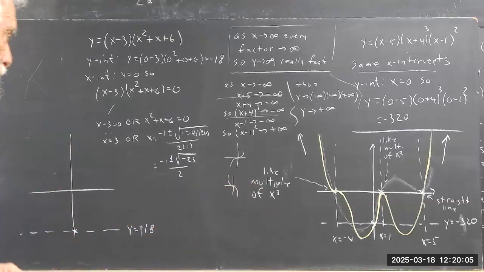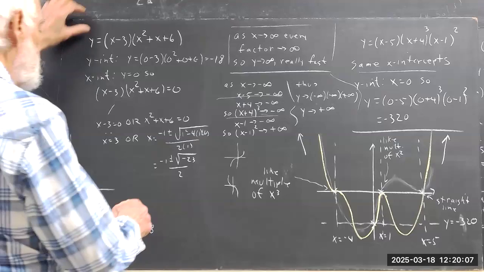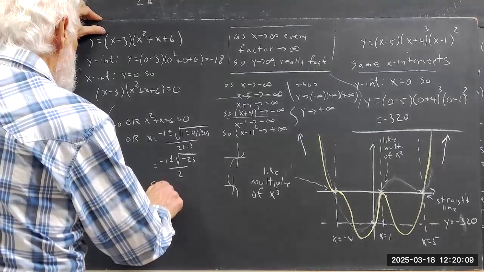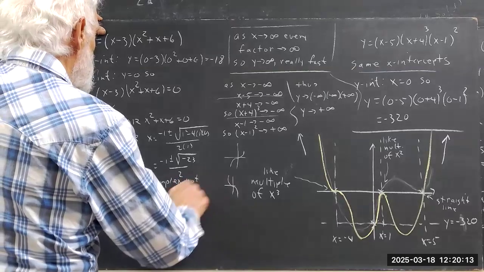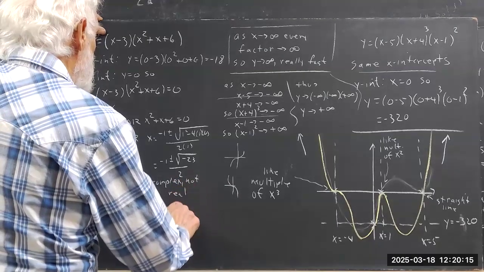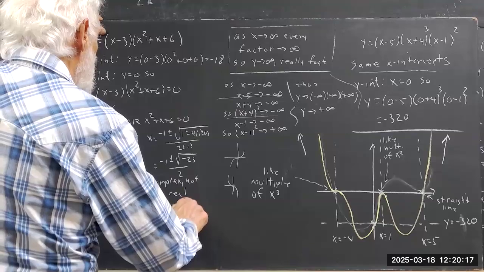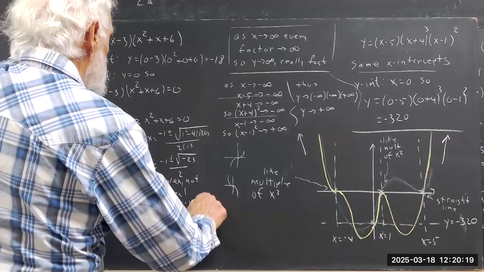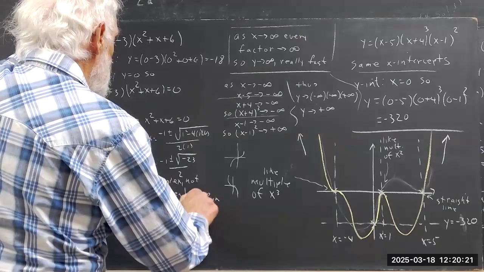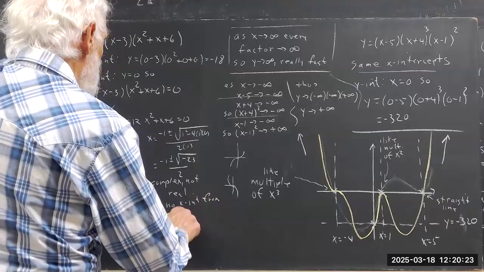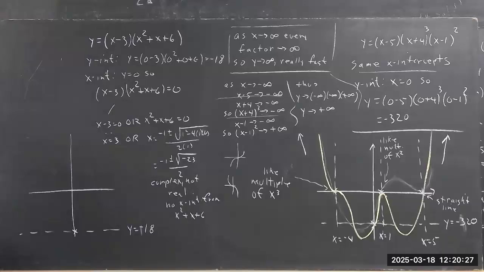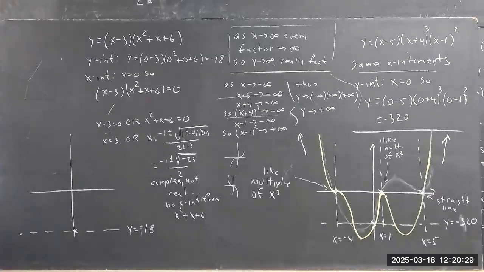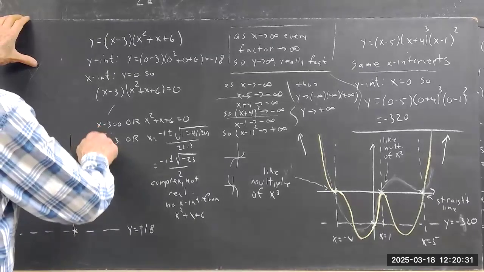You do get a 0, but it's complex. So there's no x-intercept from the factor x squared plus x plus 6, meaning your only x-intercept is at x equals 3.